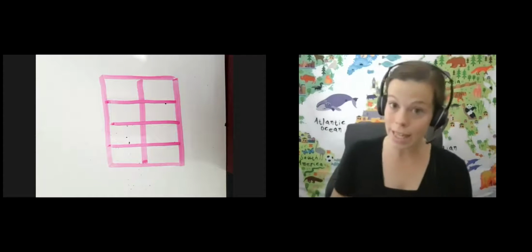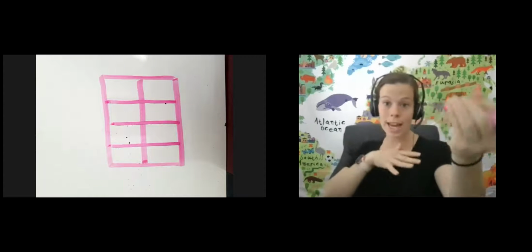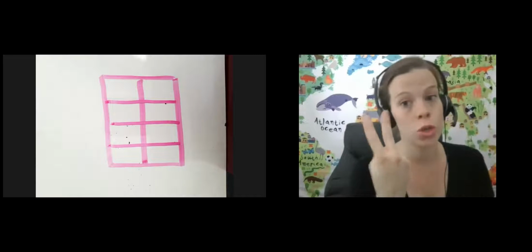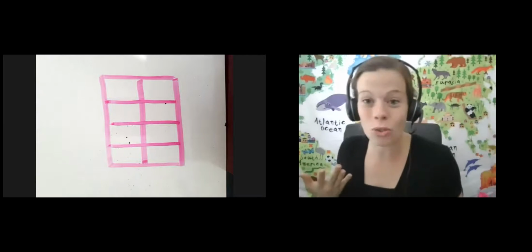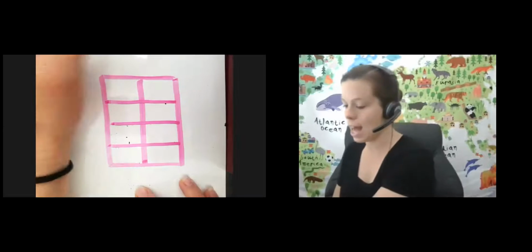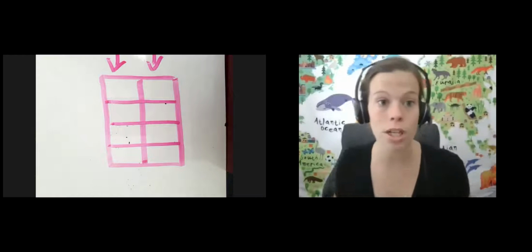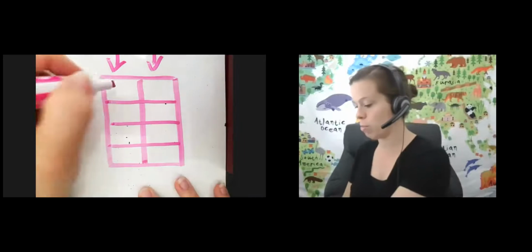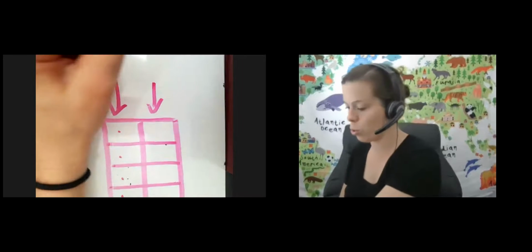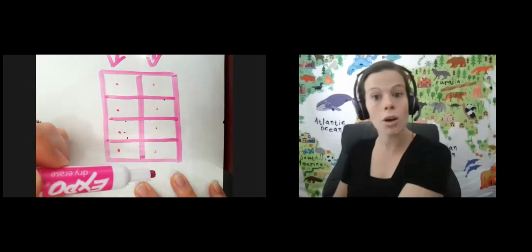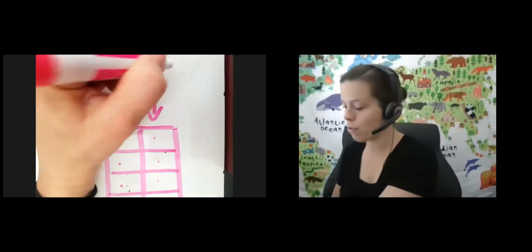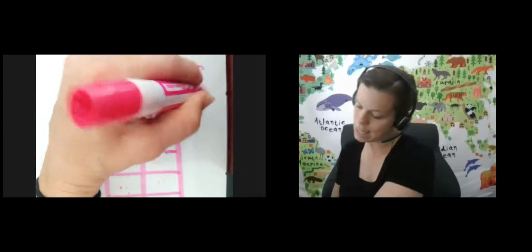Now, we can look at this and we can add up the squares 2 different ways. This is basically an array, which we already did. I can add my columns first if I wanted to. So this would be 1, 2, 3, 4 plus 1, 2, 3, 4. It's the same. I can add 4 plus 4, which is 8.